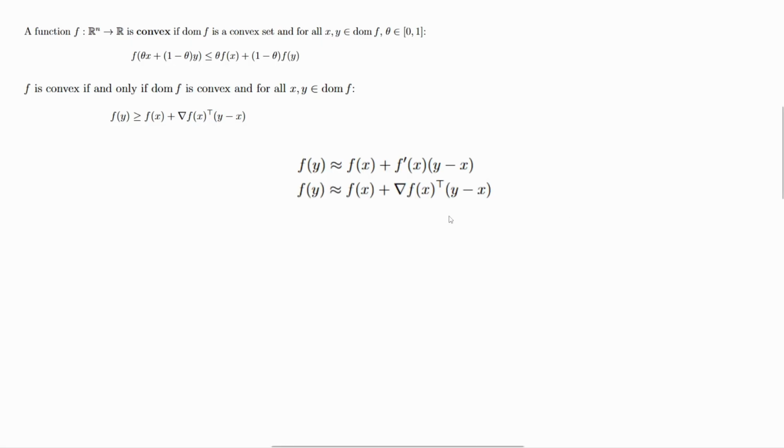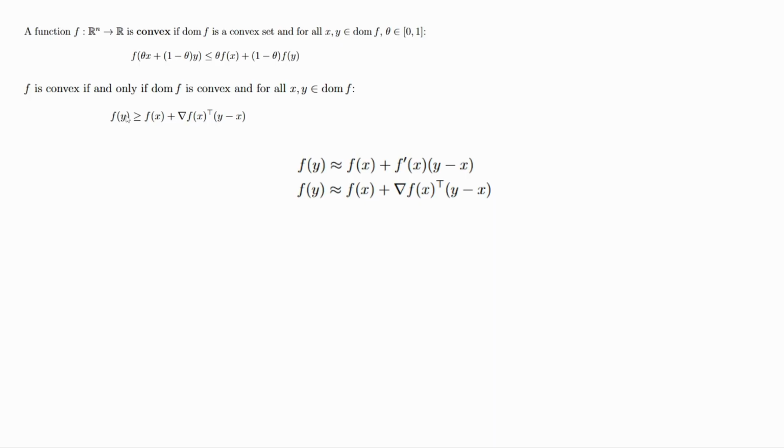Here's the n-dimensional gradient. You can see that if the dimension of x is 1, then we obviously recover the familiar approximation from your calculus class. So with the generalized Taylor approximation in mind, let's go back to the inequality.